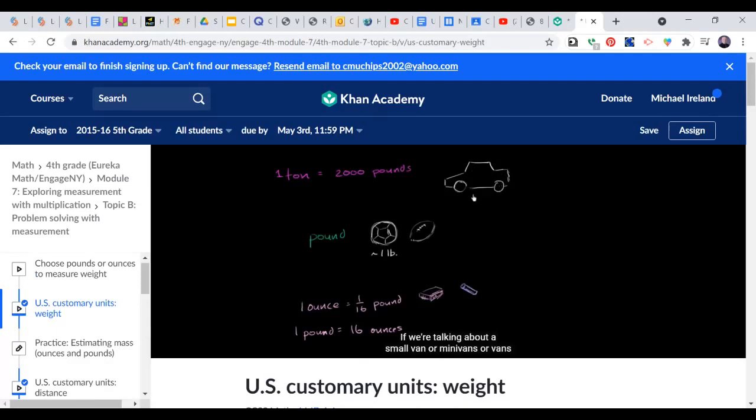If we're talking about a small van or minivans or vans or trucks, it's going to be larger than 2 tons. And if you think about smaller cars, it's going to be probably around 3,000 pounds. It's going to be less than 2 tons. So a car is going to be approximately 2 tons. So hopefully that gives you a sense of what units you would use in the U.S. customary system for different scales of weights.